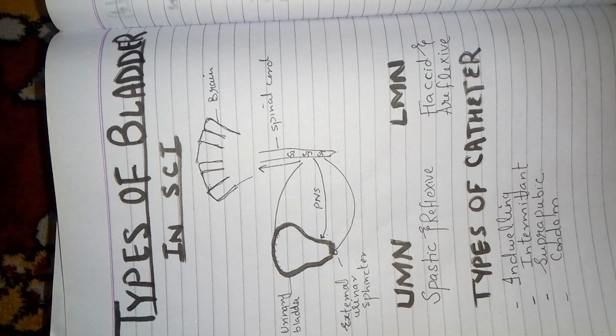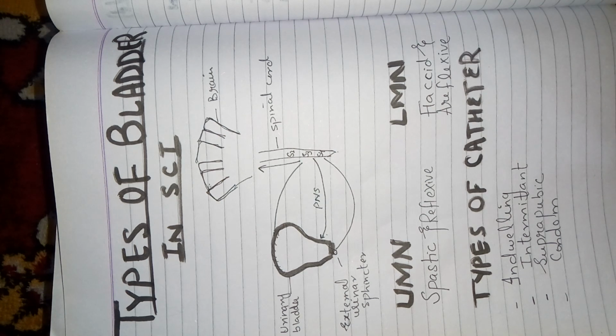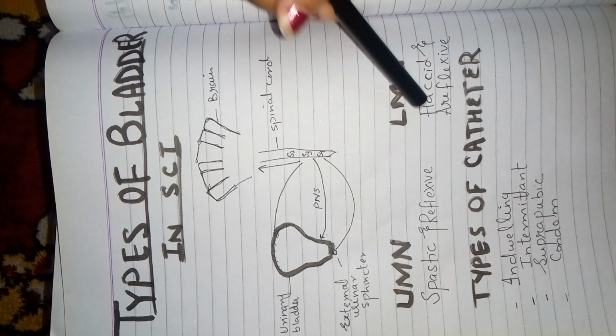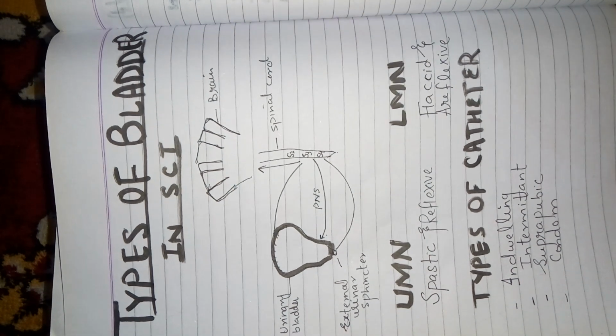The bladder can be upper motor neuron type, or lower motor neuron type. The upper motor neuron type of bladder is spastic and reflexive, and the lower motor neuron type of bladder will be flaccid and areflexive.